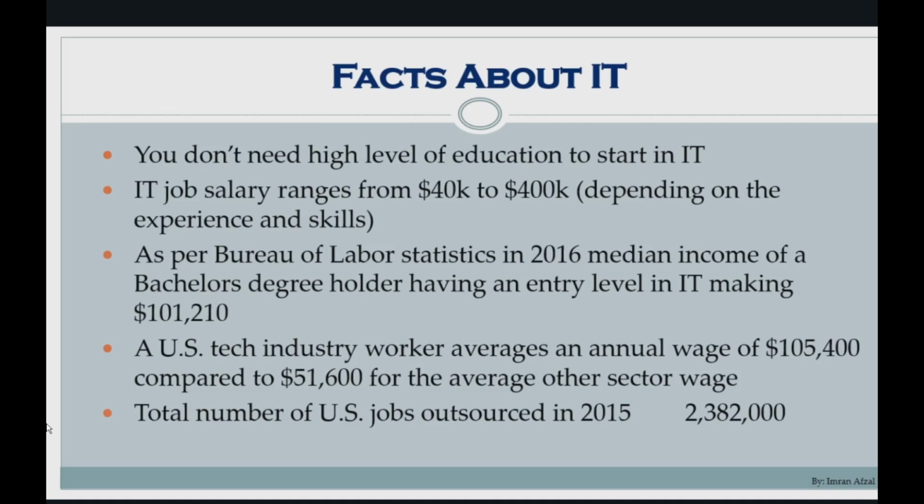So we are spending our time in different fields. Not that there is anything wrong with other fields, but if you have a field that is growing so fast, so rapidly, and companies can't find people to fulfill those jobs, then what? Ask yourself, are you making the right decision by getting into the right field? I would say yes.